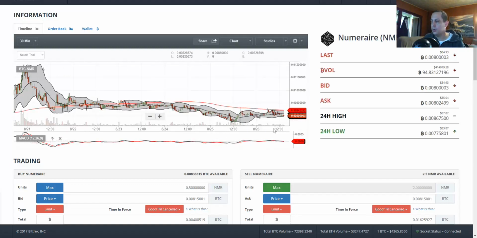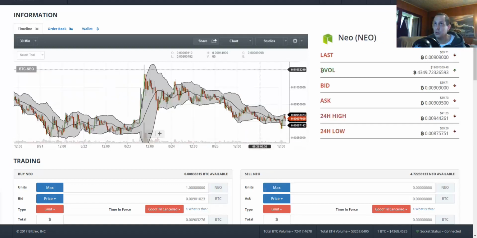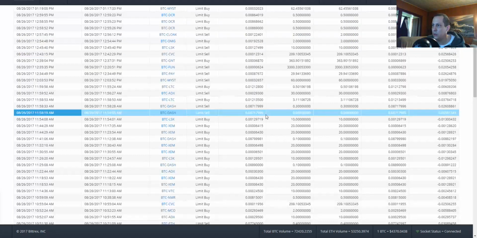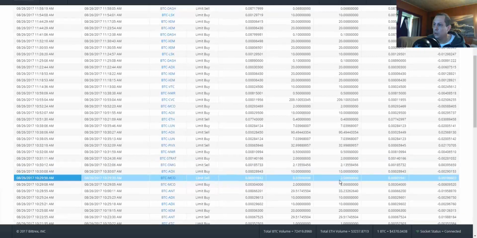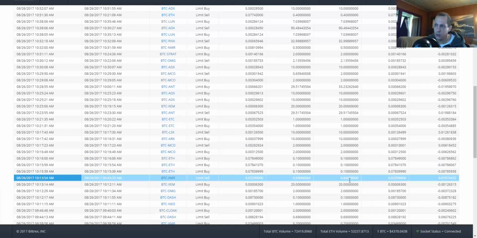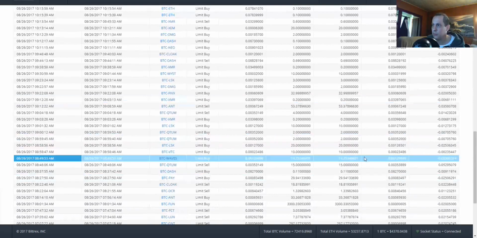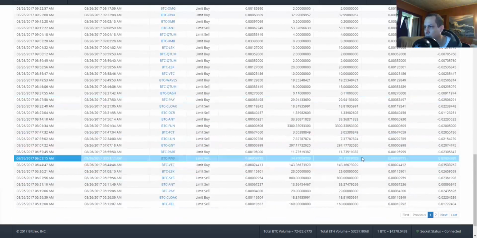Let's go ahead and look at the coins I'm running. Or before that, let's look at some of my orders. Some of these are me, but mainly these are the bot. Gotta find something that I know is the bot.